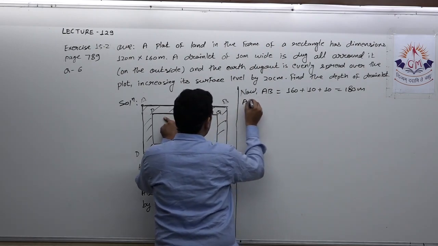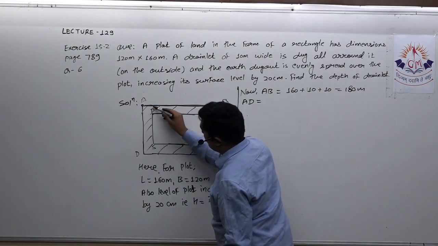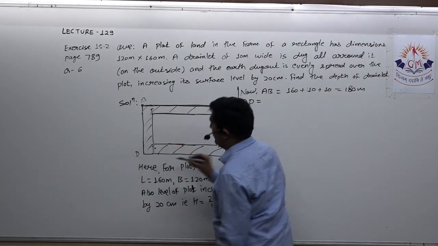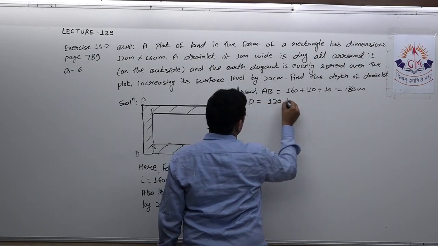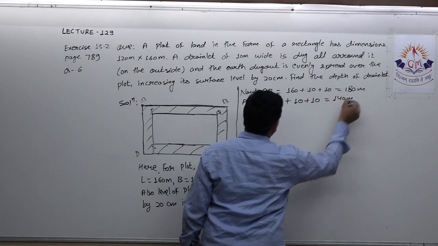And AD is equal to, this PS is 120, so with this 10 width and this 10 width, that is 120 plus 10 plus 10, that is 140 meters.